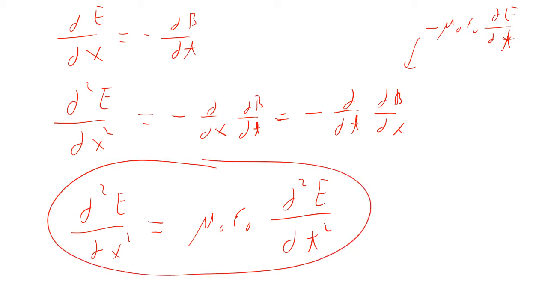Okay, so well, that's interesting. So this second derivative here is proportionate to that second derivative, and the proportionality is mu naught epsilon naught. Well, let's look at the other equation.